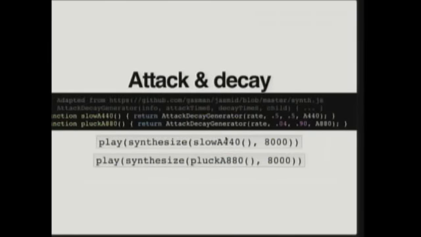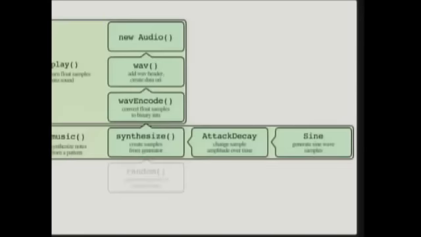So it's very nice to apply that little envelope to the sound, because it sounds a lot more natural than this chunky A440 we have. So this is what it sounds like with a slow attack and decay for A440. And for A880, this pluck is just a really fast attack and a slightly faster decay. Cool. So now let's start making songs out of this.